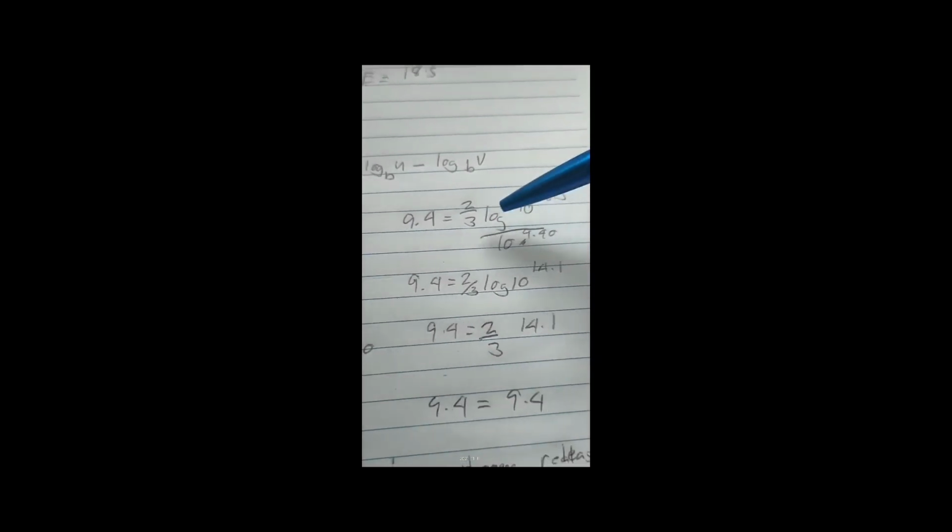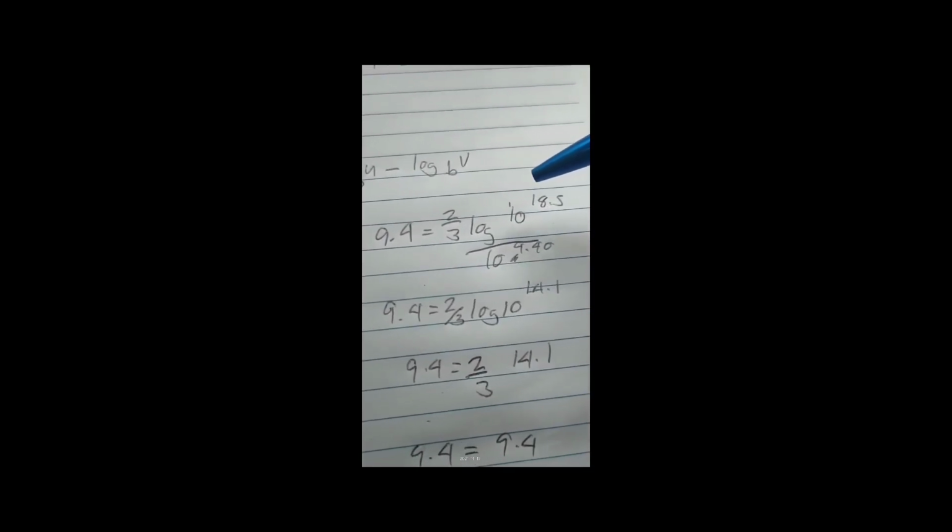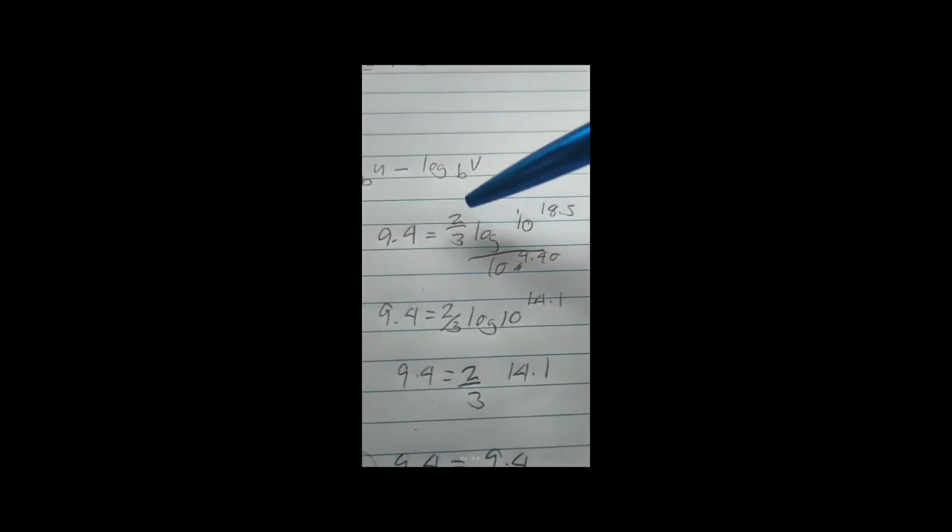Now we must double check. Here we have R. We substitute it for 9.4 equals 2/3 times the logarithm of the ratio of E. The E is now substituted. E is equal to 10 to the power of 18.5. So the ratio is 10 to the power of 18.5 over 10 to the power of 4.40.